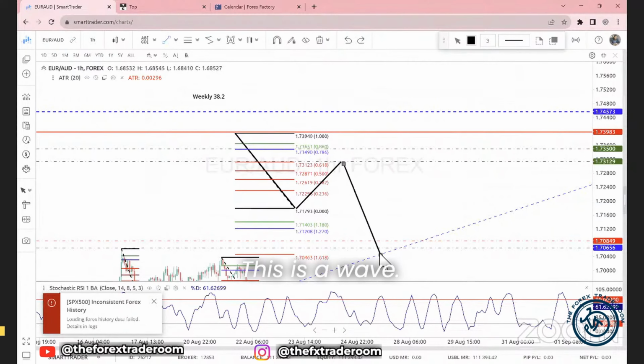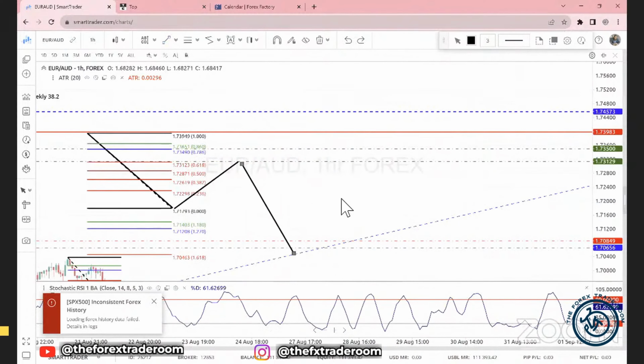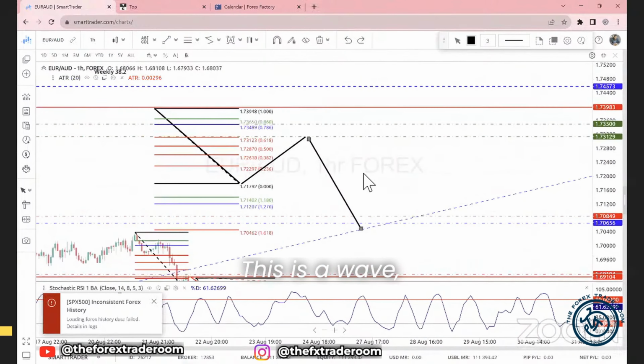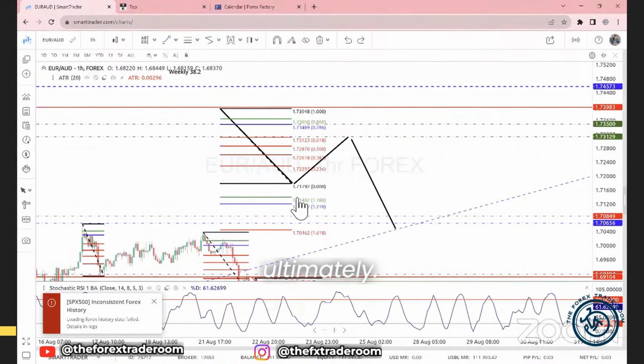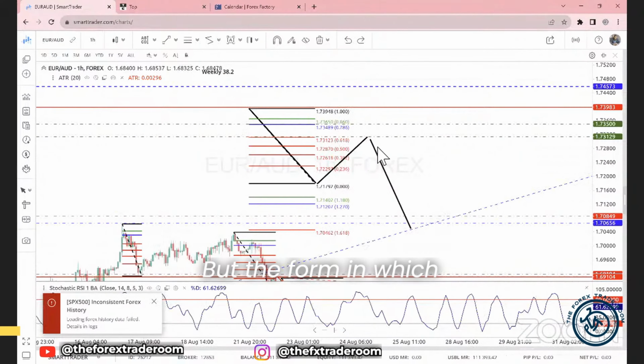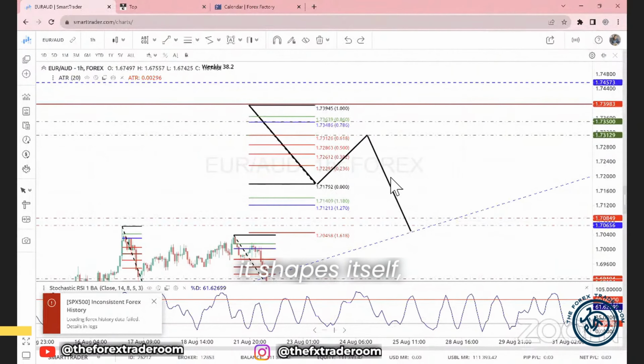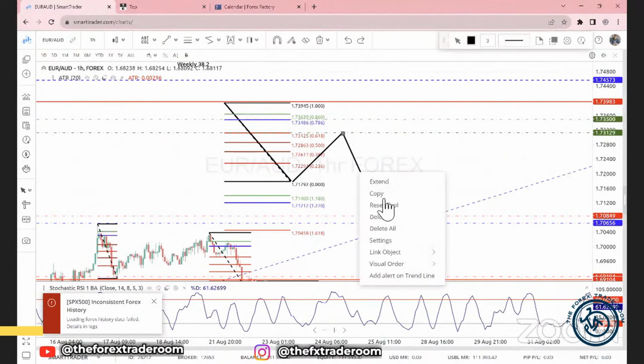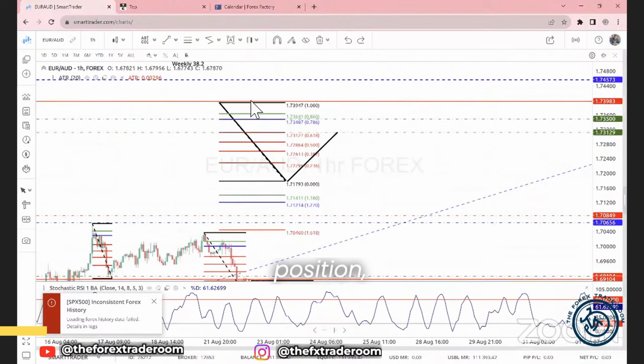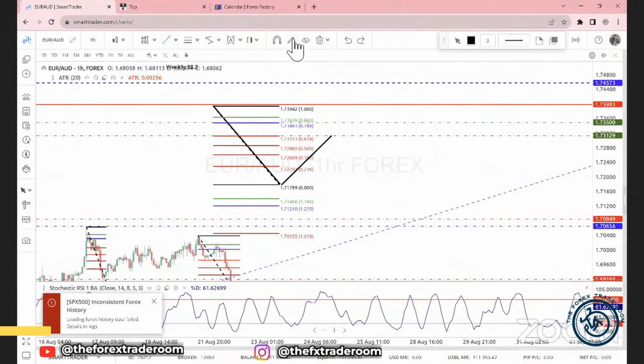This is a wave. Ultimately. But the form in which that wave takes and how it shapes itself, I don't really care about. What I mean by that is once I'm in this position, it could do whatever it wants to do. Then it's AB boundary.